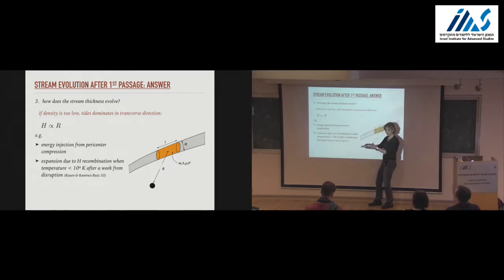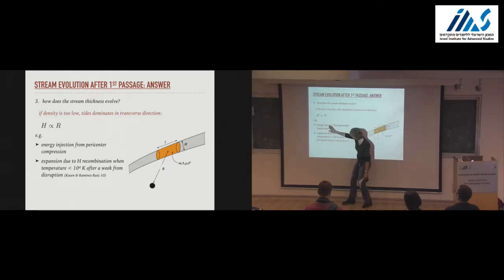Maybe the star is pulled apart and dispersed, and then the transverse direction moves only under the tides. You can work out, for instance, Sari et al. 2010, that H goes as R.